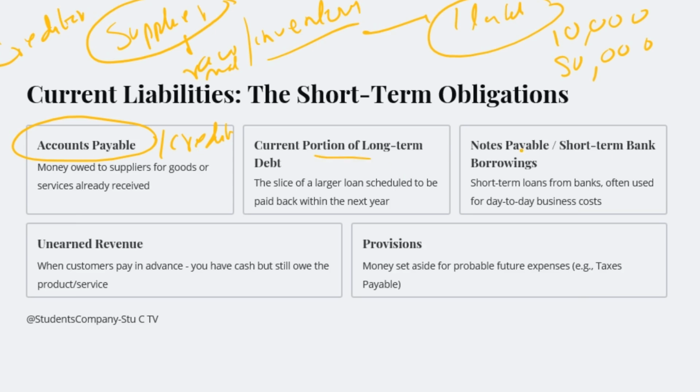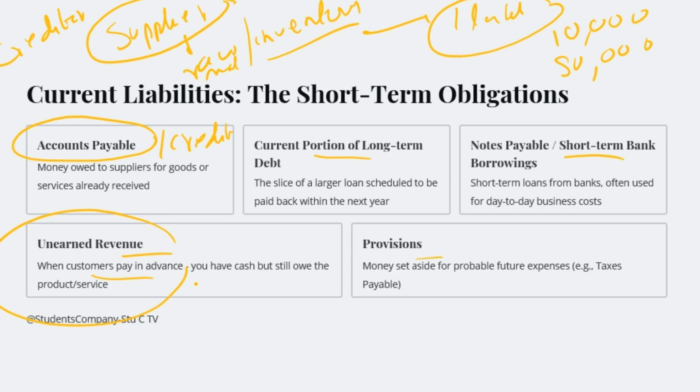Then other things you can just read: provisions, unearned revenue, long-term debt, current portion. Unearned revenue is important. Suppose a customer pays you in advance. You have not given him service or goods, but he is paying you in advance. In that scenario, it will not be recognized immediately. It will be shown as unearned revenue in current liabilities.